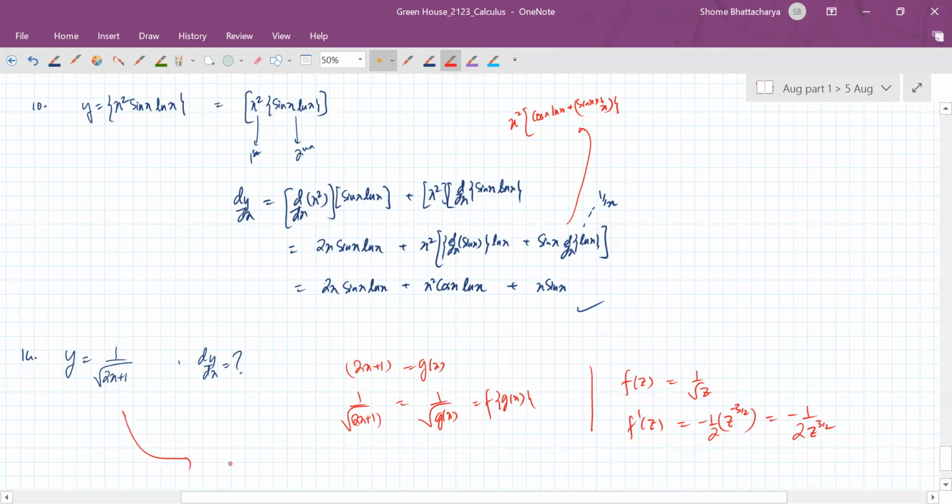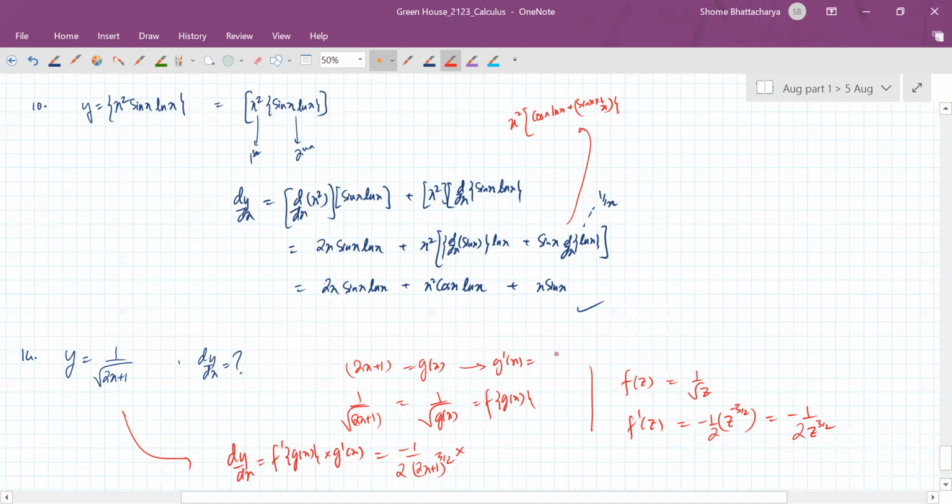So now, if f prime of z is this, then f prime of g(x) is how much? Minus 1 by 2 into g(x), which is 2x plus 1 to the power 3 by 2, into g prime x.